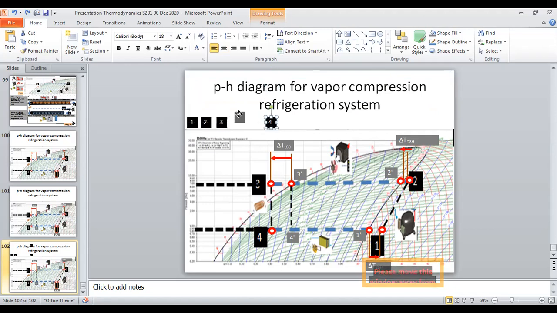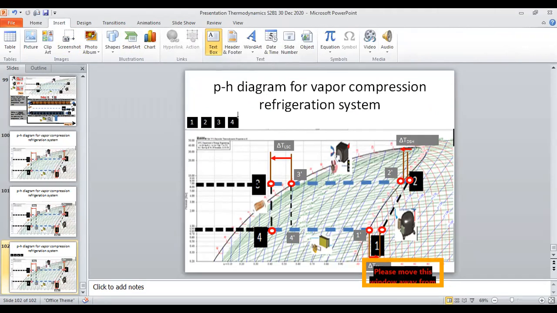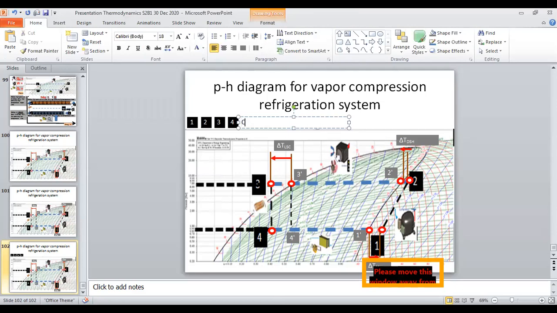3, 4. So these 1, 2, 3, 4 components, as you see, points, as you see. Conditions.